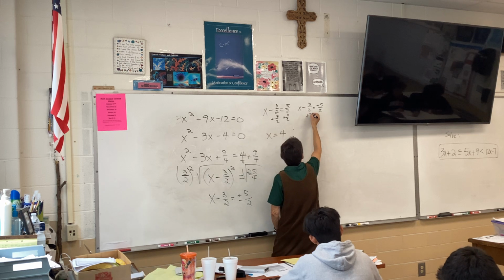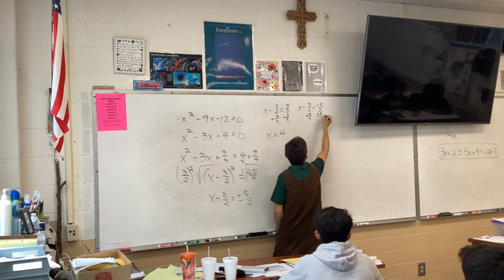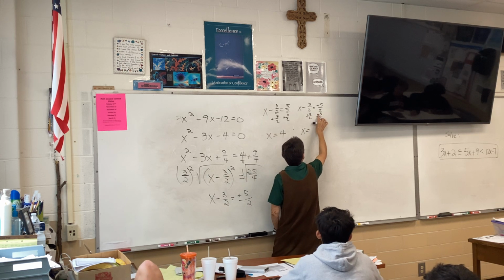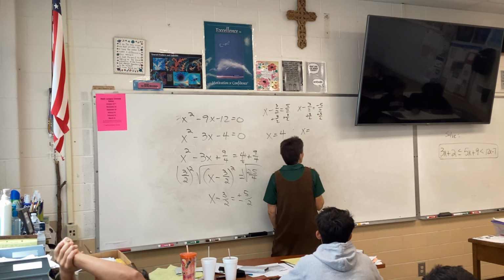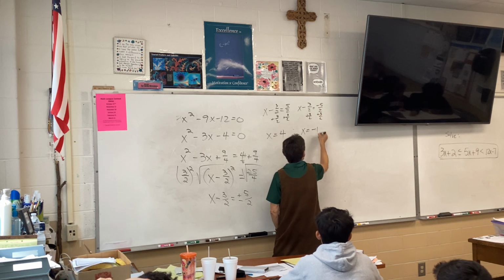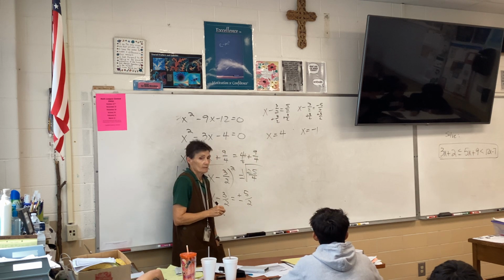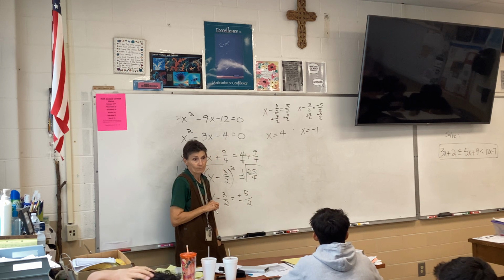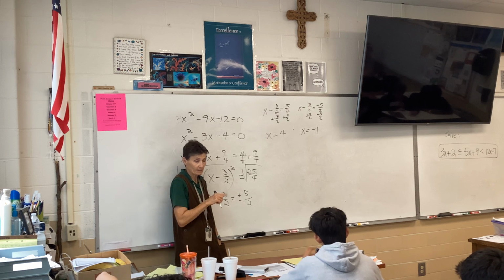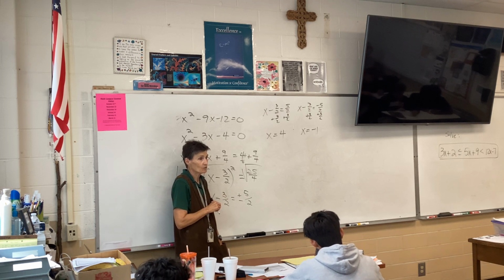And if I add 3 halves over here, I get x equals, watch it, negative 1. Why would it be negative 1? Because it's negative 5 and 3, negative 2 over 2.